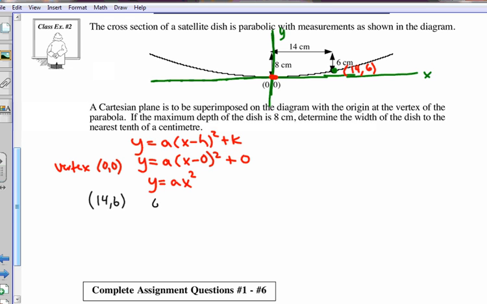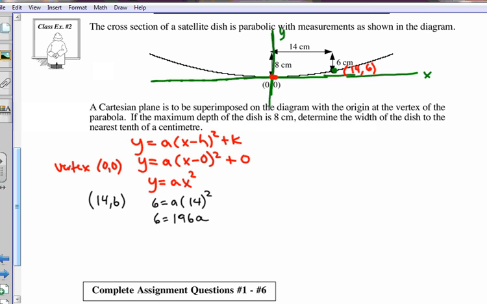6 equals A times x, which is 14 squared. What's 14 times 14? 196.